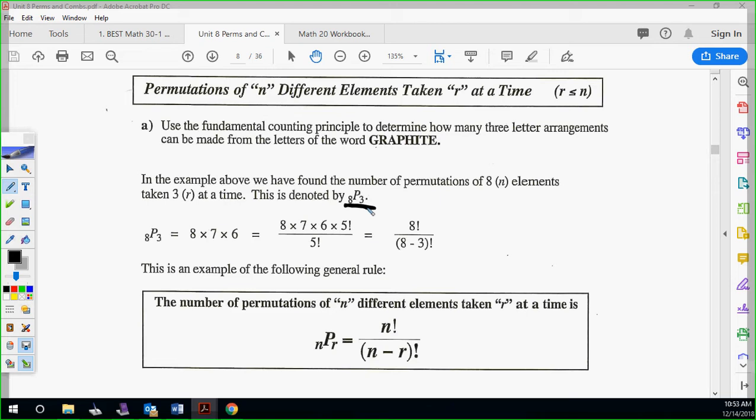It's in the same section. NPR. NPR represents the number of things you're taking, minus what you're taking. So if I have, in this case, 8 letters, 8 minus, I'm taking 3. So then it's 8 over 5 factorial. That's how they get 8 over 5 factorial here.